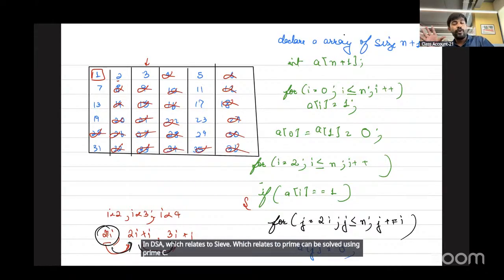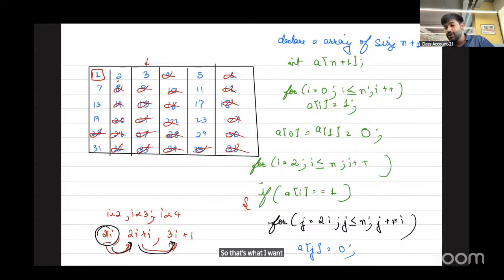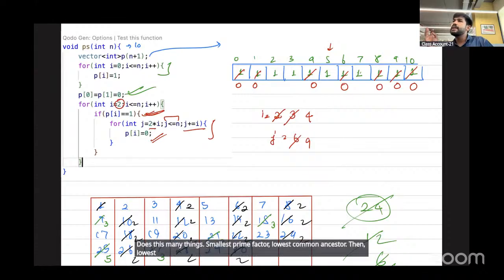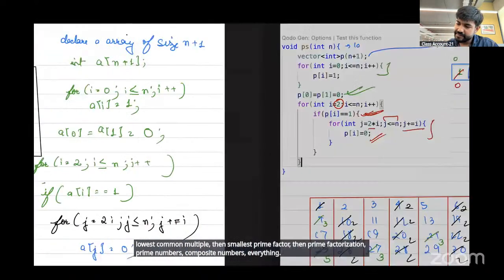So that's what I wanted to tell you. Just a simple algorithm like prime sieve does this many things: smallest prime factor, lowest common multiple, prime factorization, prime numbers, composite numbers, everything.